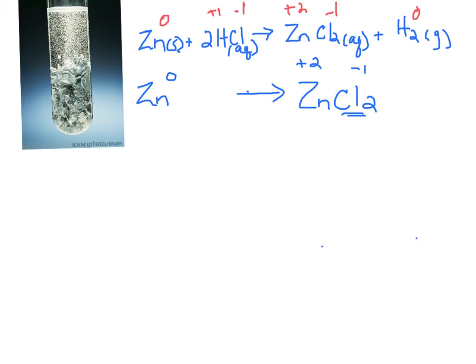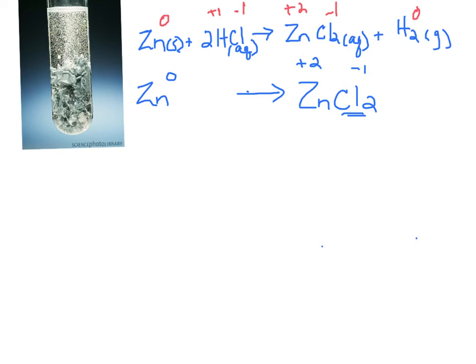So the zinc went from an oxidation number of 0 to plus 2. So it got more positive. And since electrons have a negative charge attached to them, and the zinc in this case is getting more positive, then it must have lost 2 electrons.